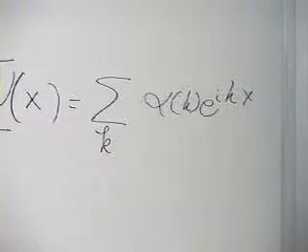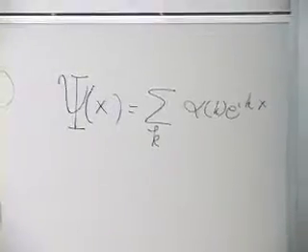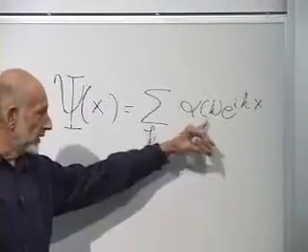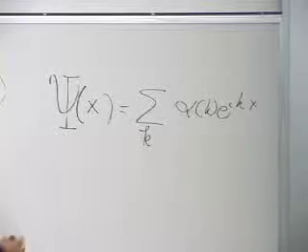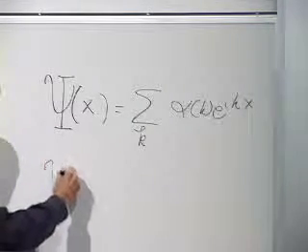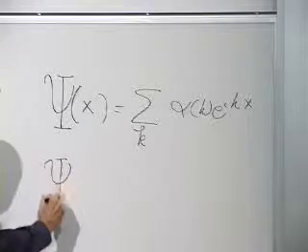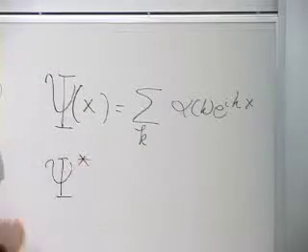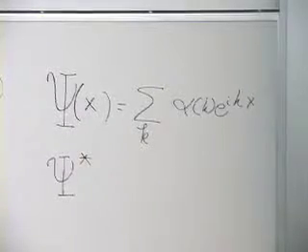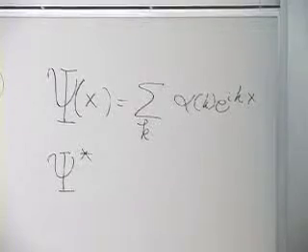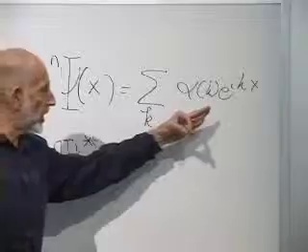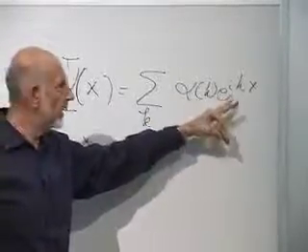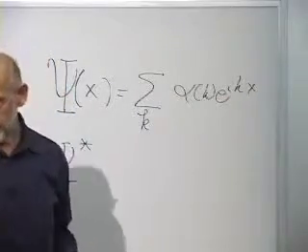That's the same as expanding it in sines and cosines. That's psi. And there is another object, psi star. What is psi star? The complex conjugate of psi. Obviously, psi is, in general, a complex thing. E to the i kx is a complex thing.